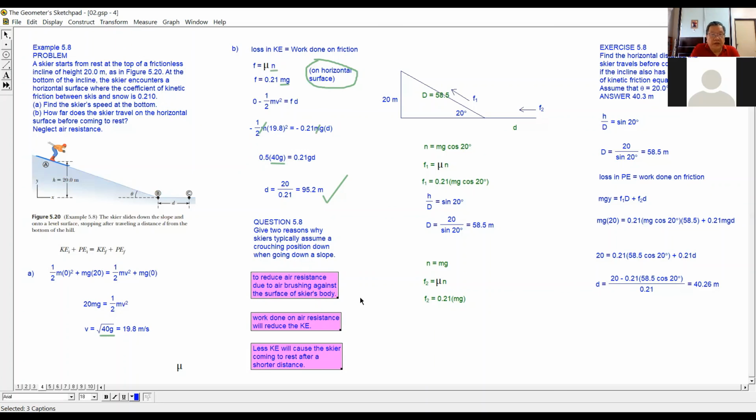However, if you pull yourself together, less energy will be wasted on air resistance. Your final kinetic energy at the bottom of the slope will be higher, so you are able to move a further distance. Any question?